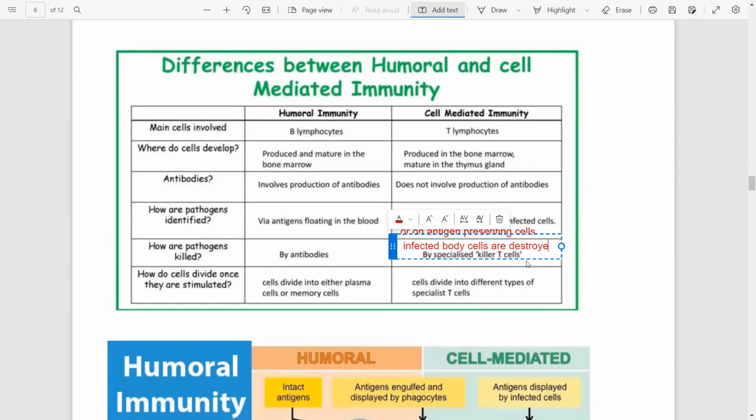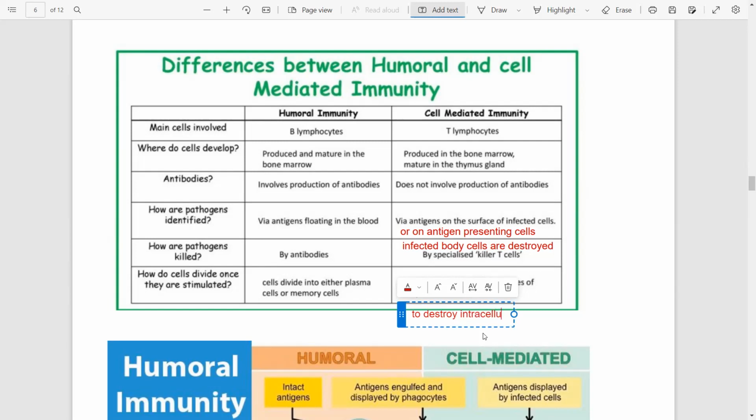So really and truly, we mostly use the cell-mediated immune system to destroy intracellular pathogens, for example viruses which come and live inside the cell.